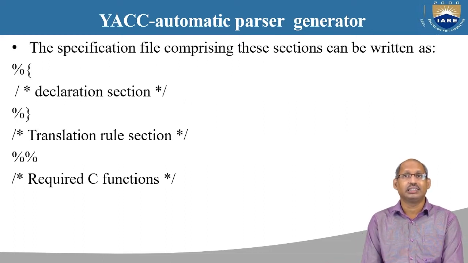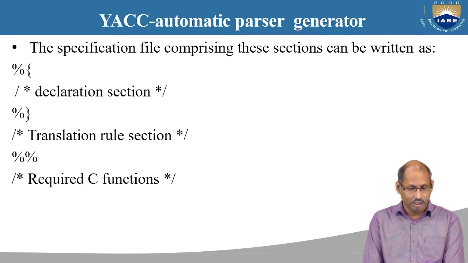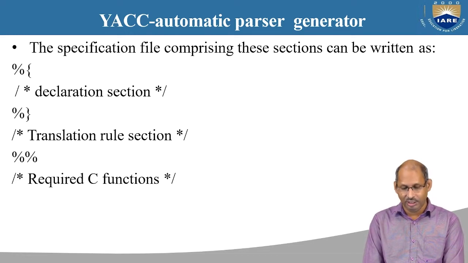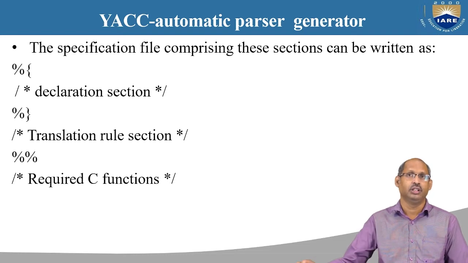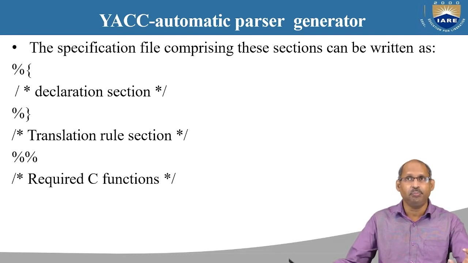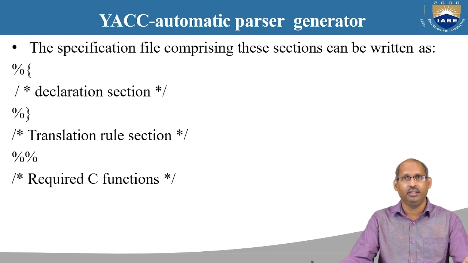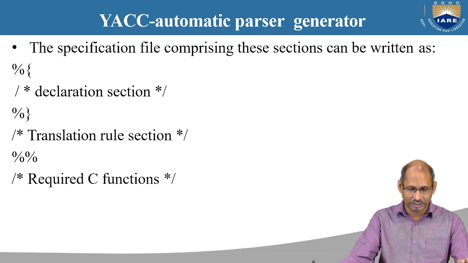So the specification of a file comprising these sections can be written as: percentage-percentage delimiters, the declaration section, then the translation rules, then all the required C functions. So the input file for YACC will have these three.